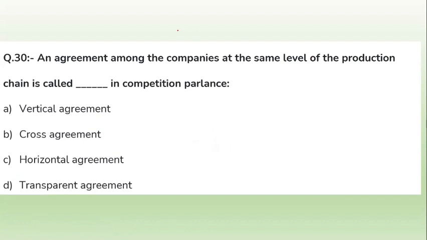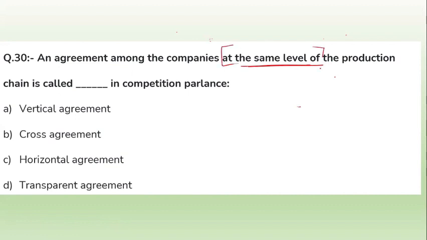Now the next question: an agreement among companies at the same level of the production chain is called what?